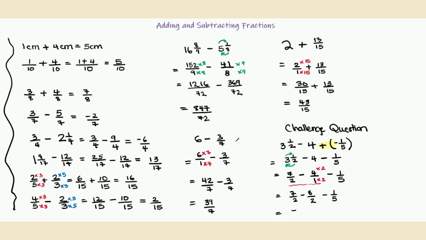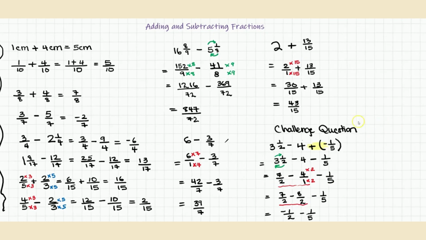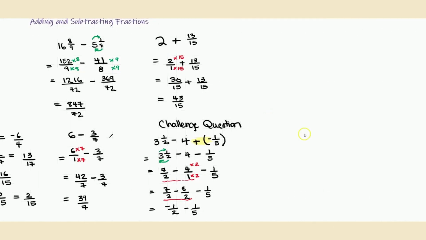We can subtract these. This is negative 1 over 2 minus 1 over 5. Now that we're done simplifying these two fractions, we will subtract the last two. I'll make myself some space. So negative 1 over 2 minus 1 over 5.